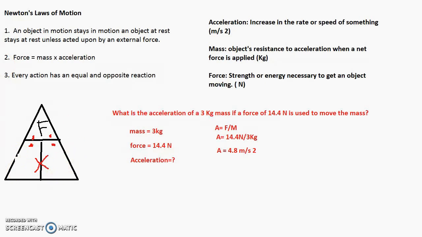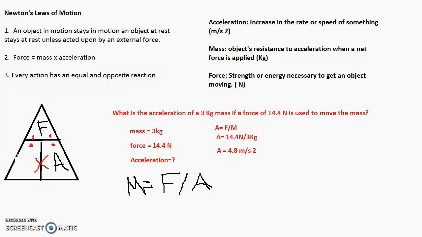So I'm going to change this to say F over A. And so since it says F over A, my formula when I am trying to find mass is going to be M equals F divided by, or force divided by, acceleration.